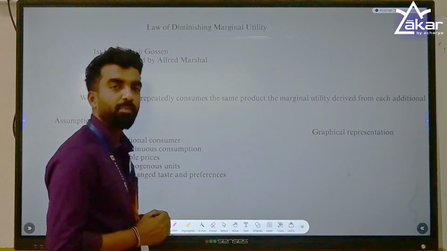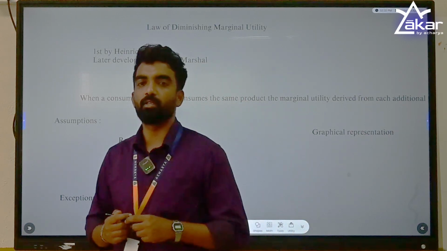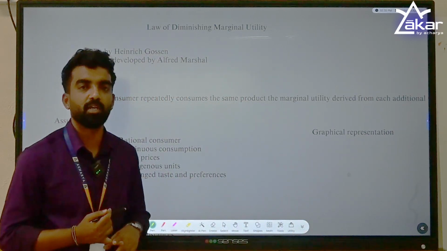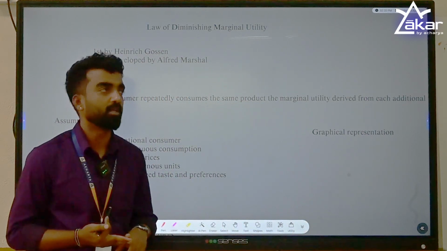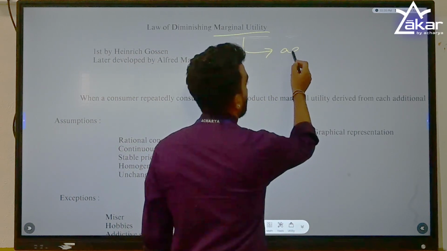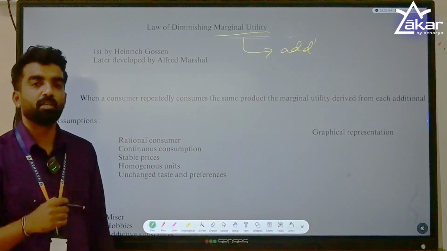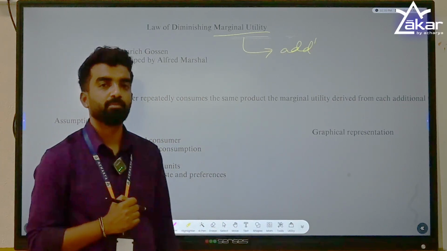We have studied the meaning of marginal utility under the types of utility. There are three types: initial utility, total utility and marginal utility. So what is the meaning of marginal utility? Additional satisfaction derived from consumption of an additional unit of a commodity, right?